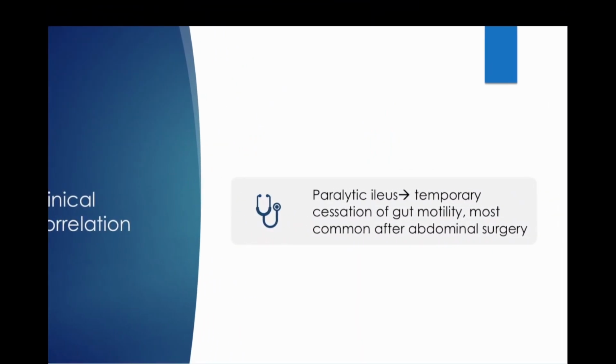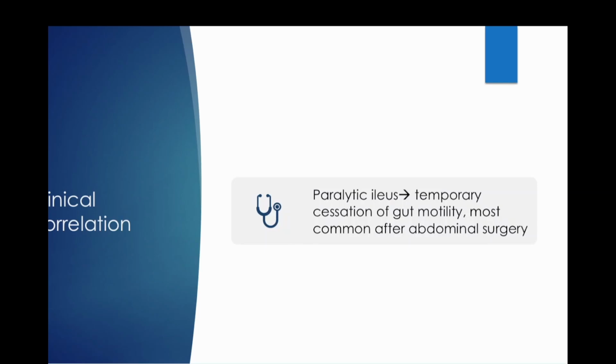So there's a thing called a paralytic ileus. This usually happens after abdominal surgery, where the GI system gets stunned from having surgery, and the whole GI system doesn't work. If the GI system is not working, what will you not hear on physical exam? Bowel sounds.